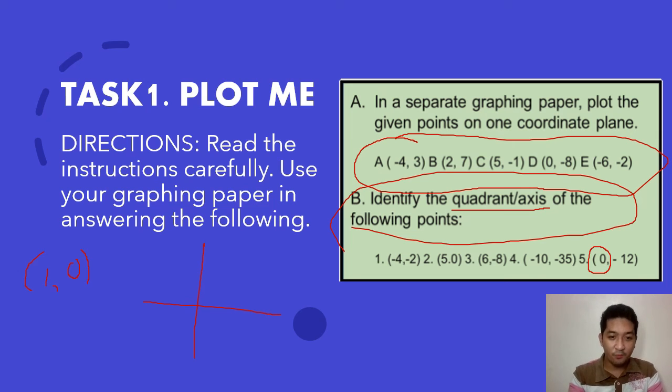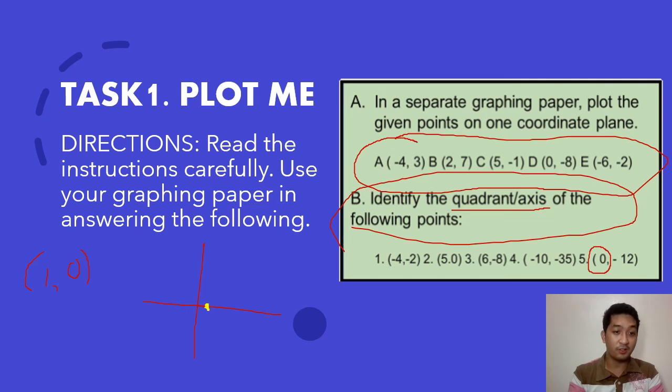Yung X. So, you have to move 1. And then 0. Sir, paano yun? Magmo-move ka bang pataas o pababa? Hindi po, kasi 0 nga siya. So, dito na lang yan. Nasaan quadrant ka? Wala po. Pero nasaan axis ka? Si X. Sa X-axis.